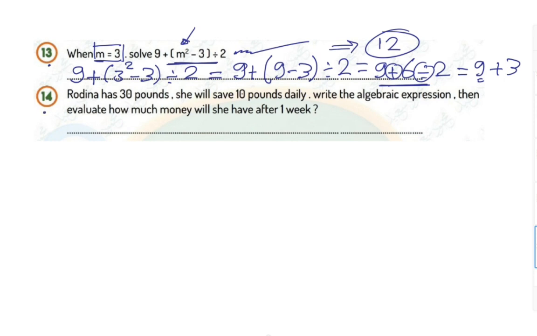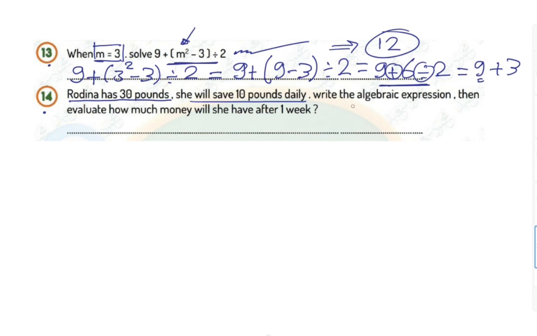Last point of our questions. Rodina has 30 pounds. Okay, she already has 30 pounds in her pocket. And she will save 10 pounds daily. She already has 30, and every day she will save 10.